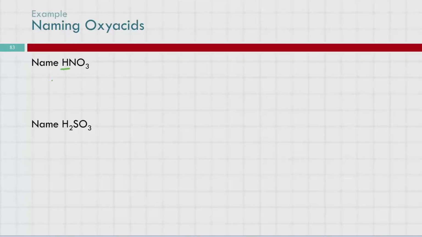It's got an H in front. H in front, it's an acid. So that tells our brain, all right, we're going to work through our acid naming pathway. We have to identify, is it binary or is it an oxyacid? We've got oxygen in there. So it's not a binary acid, it's an oxyacid.